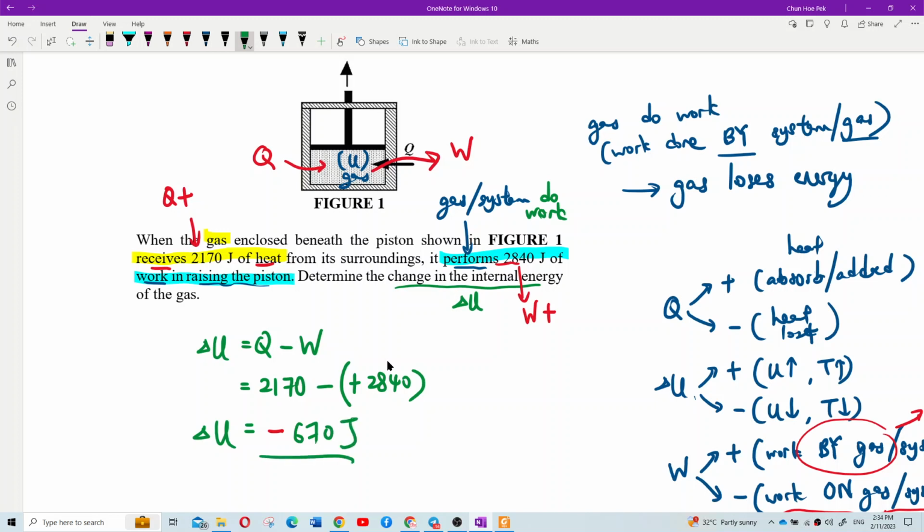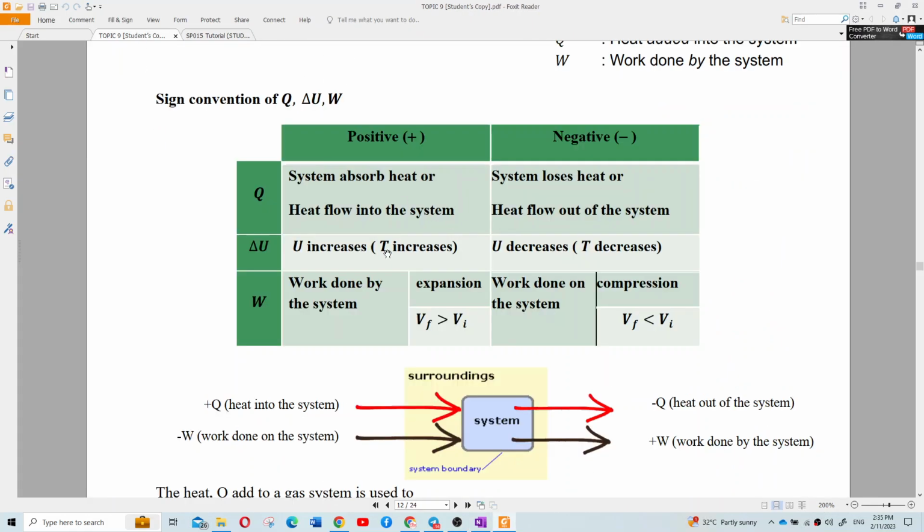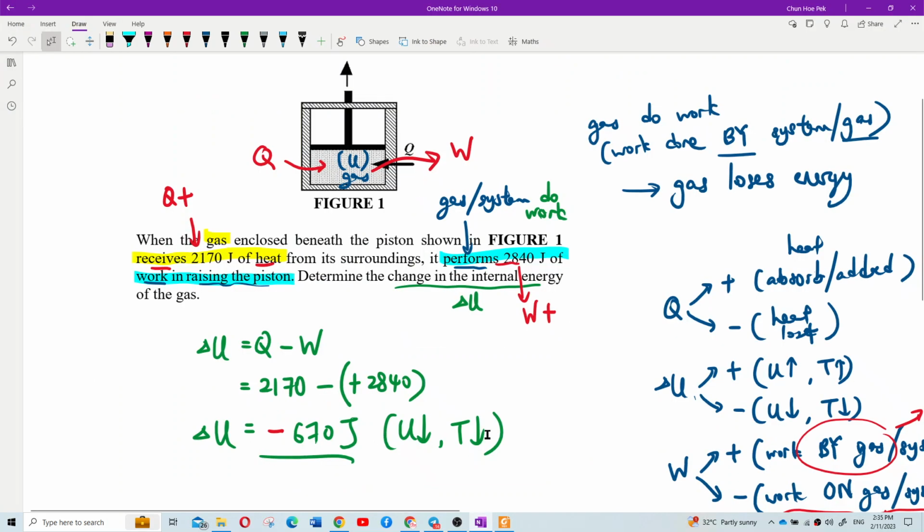That means what? That means internal energy decrease, temperature decrease. Negative delta U means internal energy decrease, temperature decrease. That means heat absorbed is less than the heat loss. Heat loss is more than heat absorbed. That's why the internal energy will decrease.